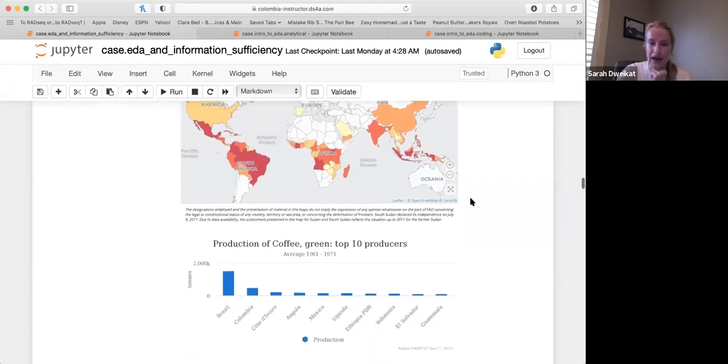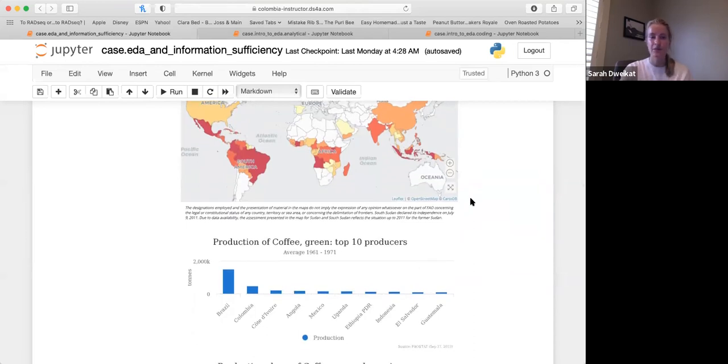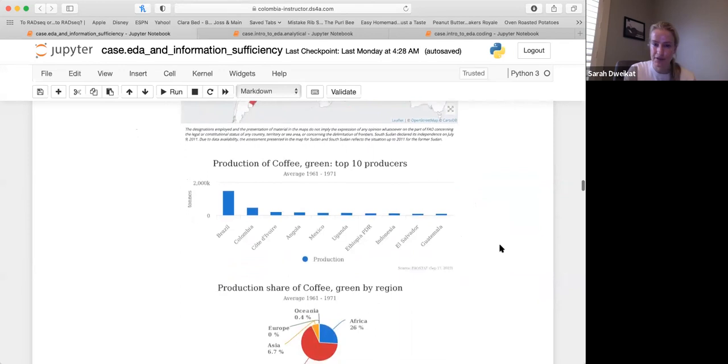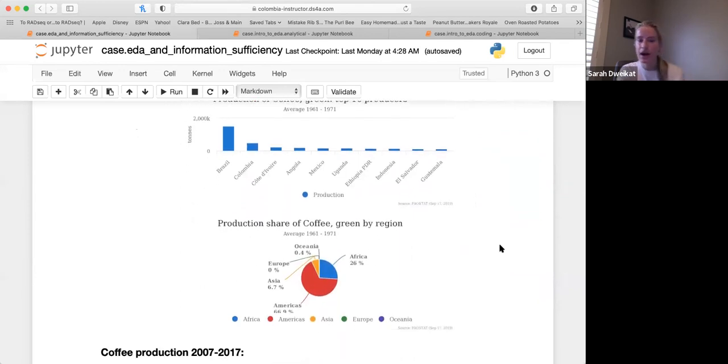And then we have this plot that's looking at production of coffee, green, top 10 producers for 1961 to 1971. So these are our top 10 producers for that time period. And then we also have a plot here that is the production share of coffee, looking at this pie chart for these different regions. So this is breaking it up in terms of all the coffee that's produced, what region is contributing most to that for this time period.